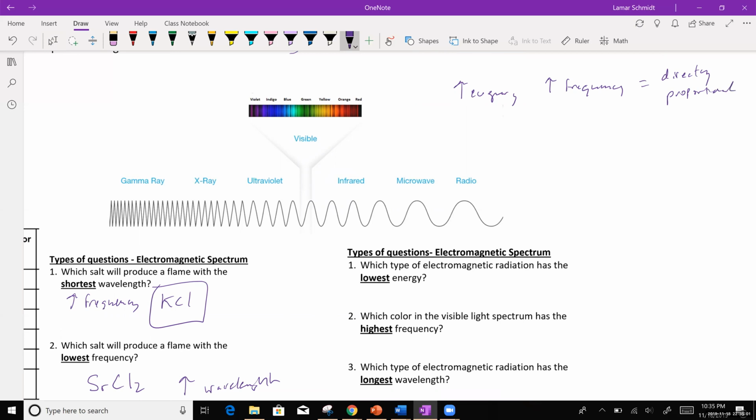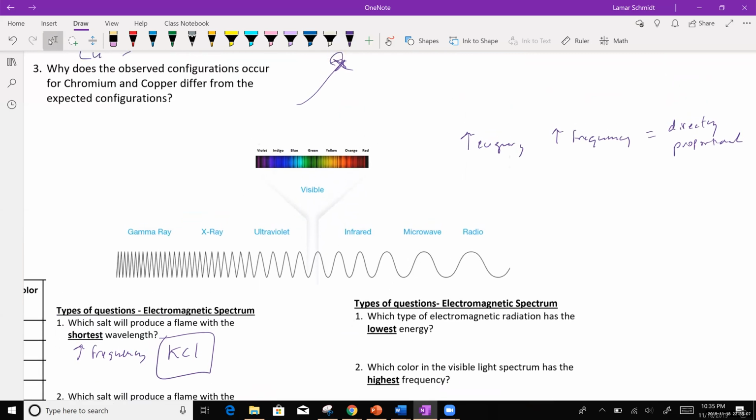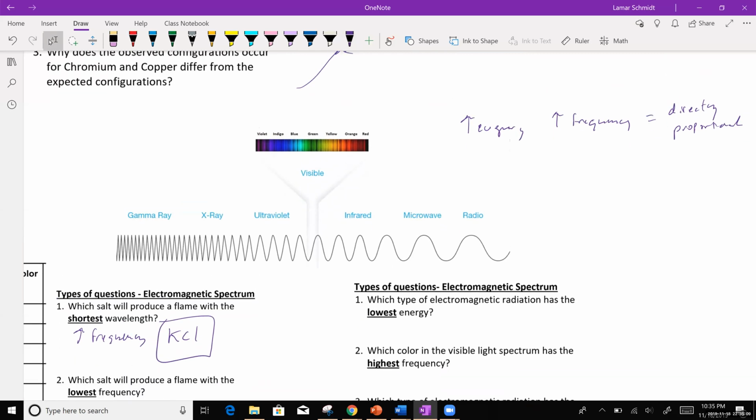And what that means is when energy increases, so does frequency. So which type has the lowest energy? Well, it's going to be the one with the lowest frequency. And so that will be radio. The one with the highest energy would be gamma ray because it also has the highest frequency.